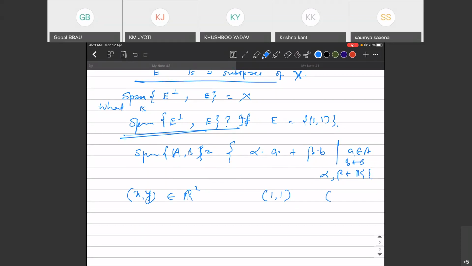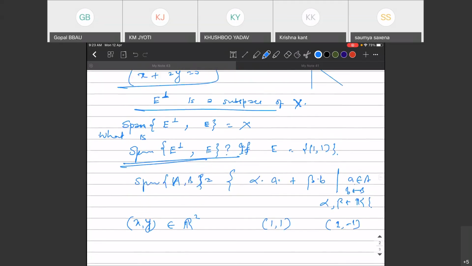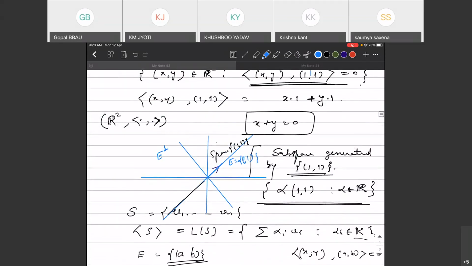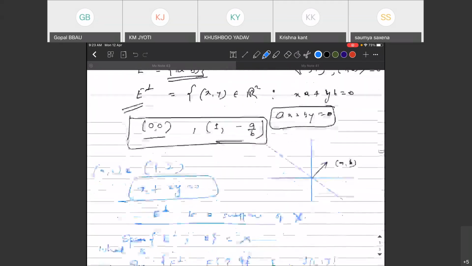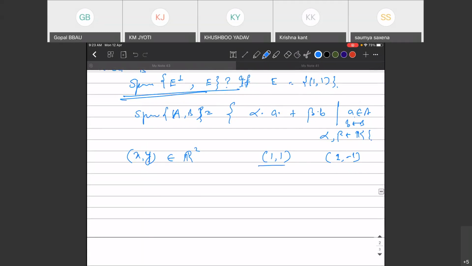So take an element from E perp, say (1, minus 1) is one element. So you can write this (x, y) as a linear combination of these two elements.